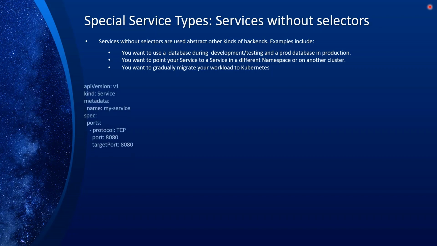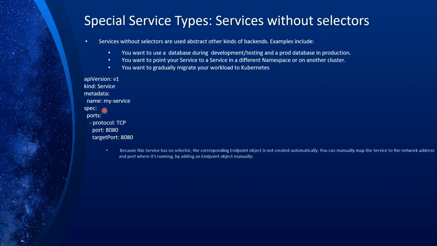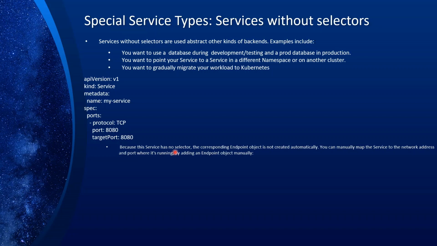And we treat it kind of like Kubernetes objects. So let's take a look at how we define a service without selector. As the name suggests, we define the service as usual, we name it, we provide ports and target port and so on. But as you can see, there is no selector. And because the service has no selector, it doesn't create an endpoint.